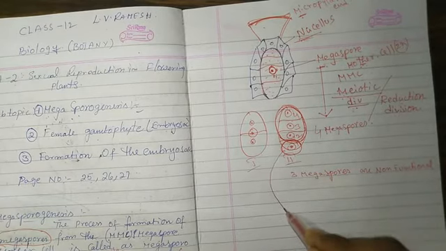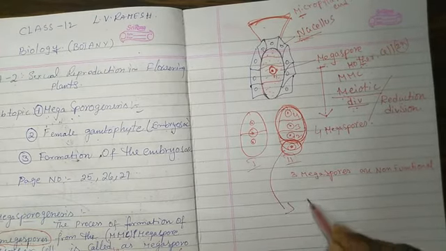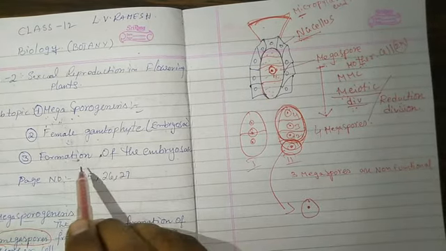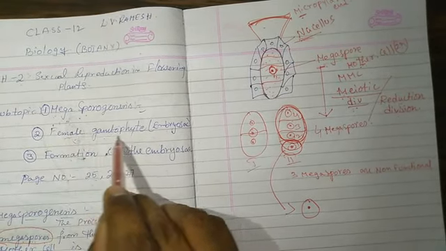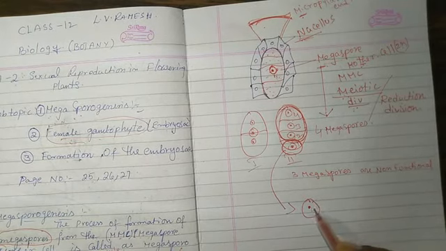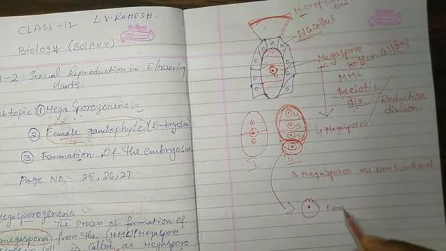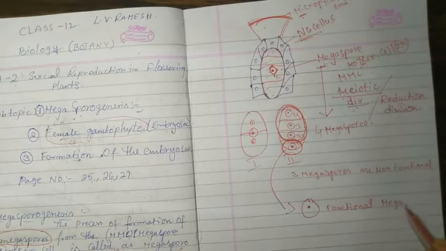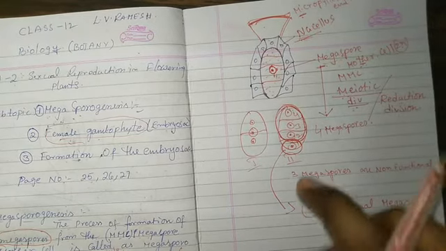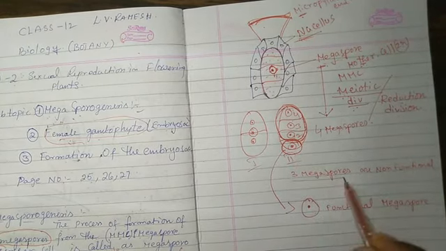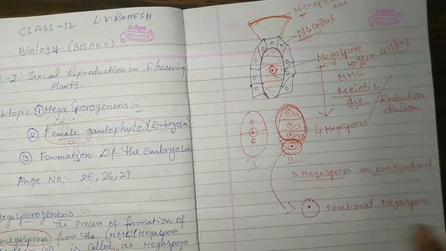This megaspore develops into a female gametophyte. Is this megaspore functional or non-functional? This megaspore is called a functional megaspore. The remaining 3 are non-functional, they degenerate.